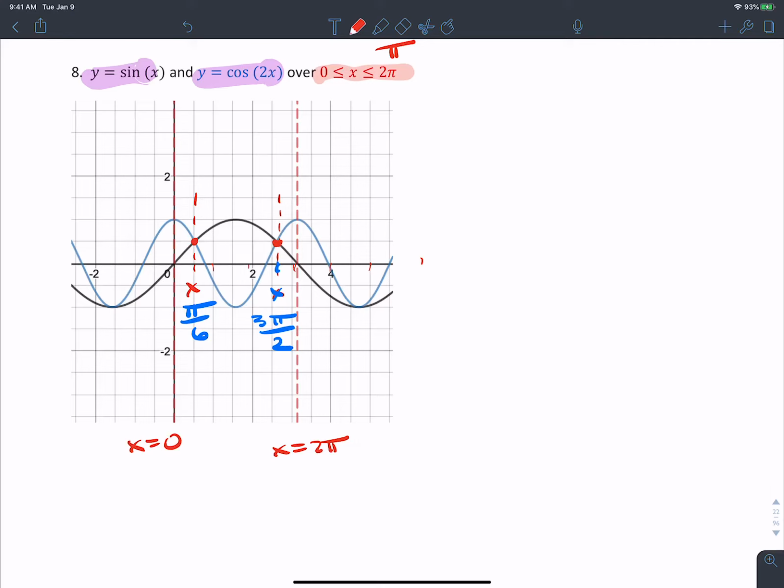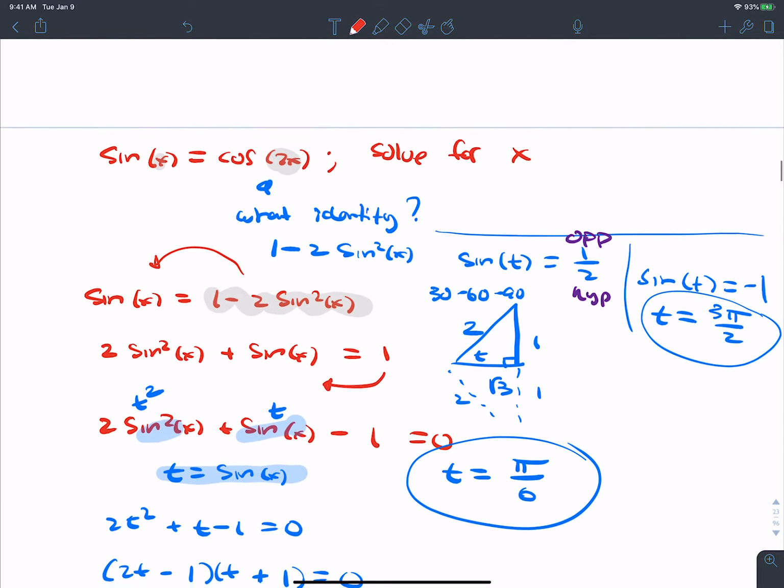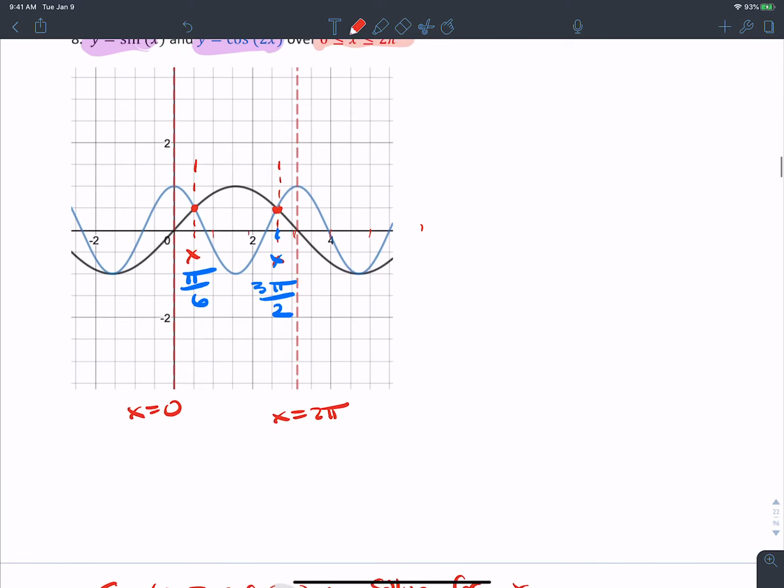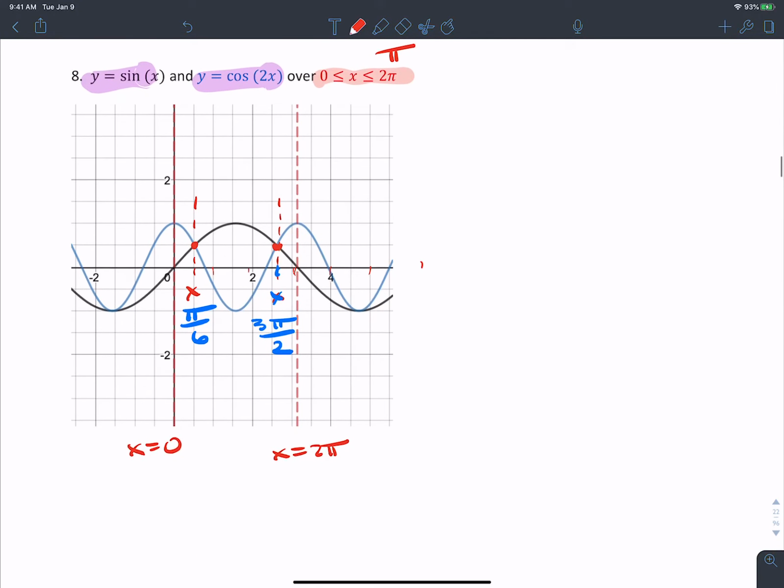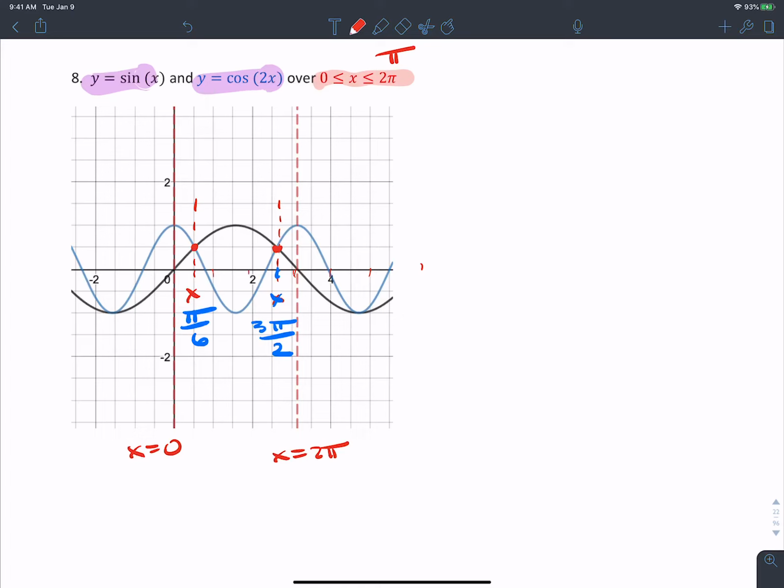So it looks like this is pi, but what does that mean about our solution here? Sine is -1. Is that true? Does that happen at 270 degrees? I have a problem here. Anybody see what I'm talking about?